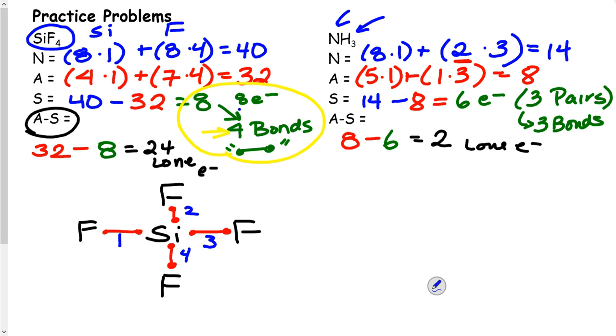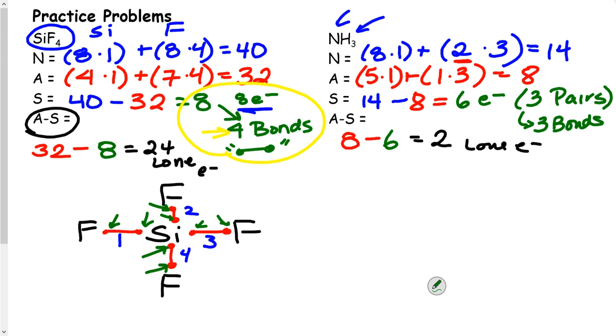And if we look at the number of electrons, and I'll highlight these for you in green, we have 1, 2, 3, 4, 5, 6, 7, 8 in terms of our number of electrons.